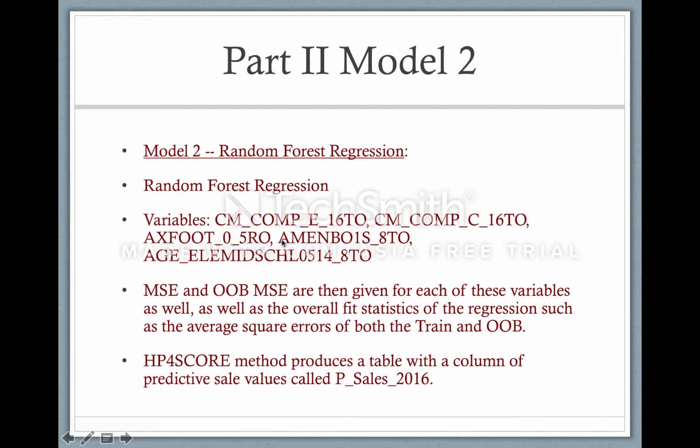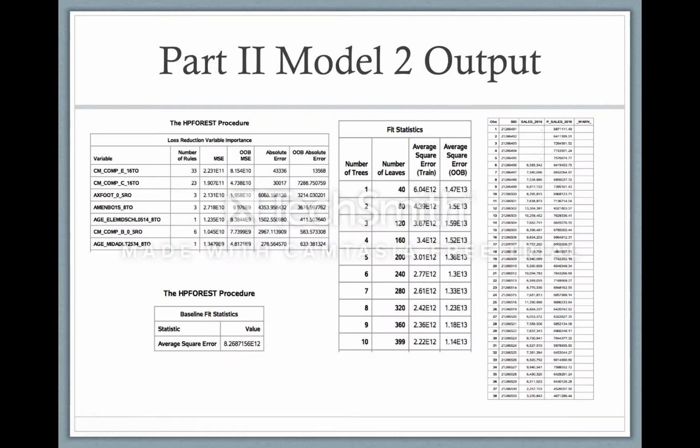With the regression, you also see that MSE and OOB MSE are given for each of these variables, as well as overall regression output like fit statistics and average square errors of both the train set and the OOB. In the regression, we also implemented an HP4 score method, which produced a table with a column called P_sales_2016, which predicted possible sale values, which you'll see in the next slide.